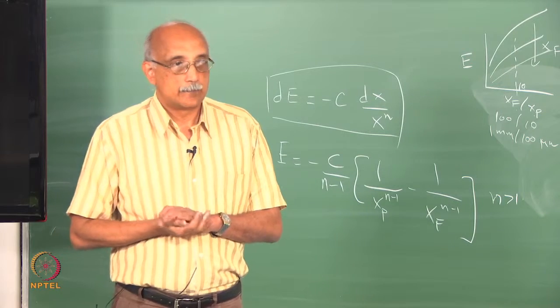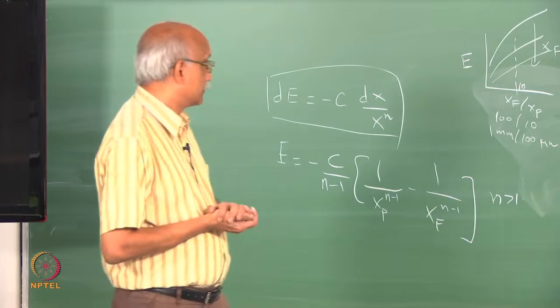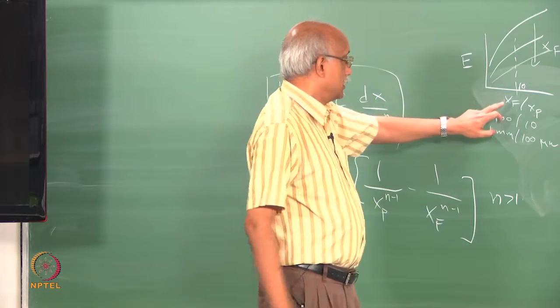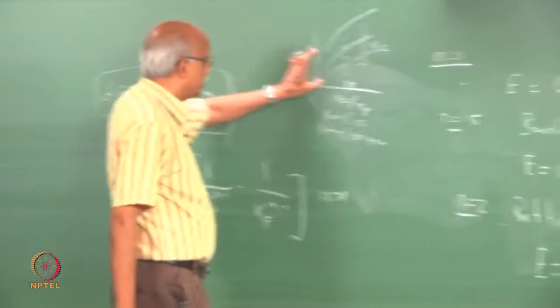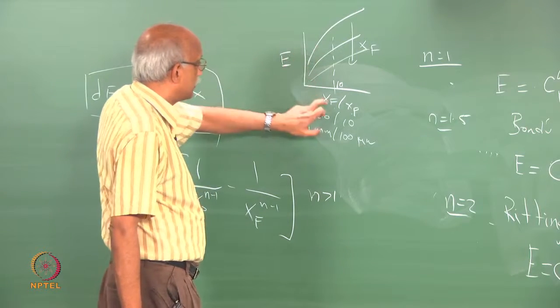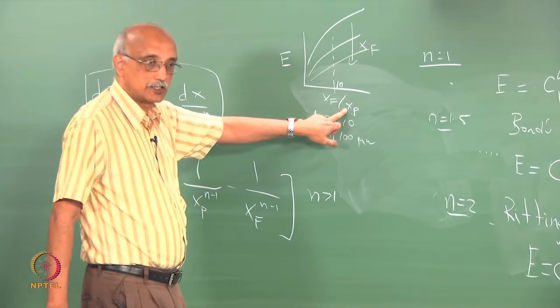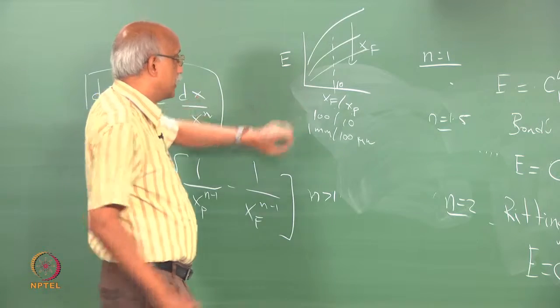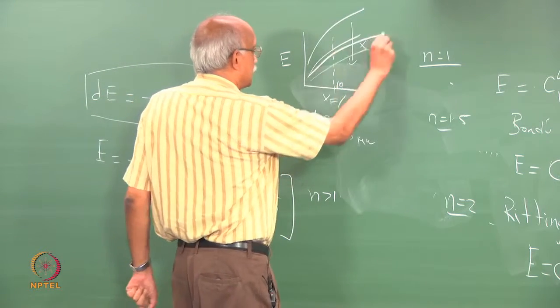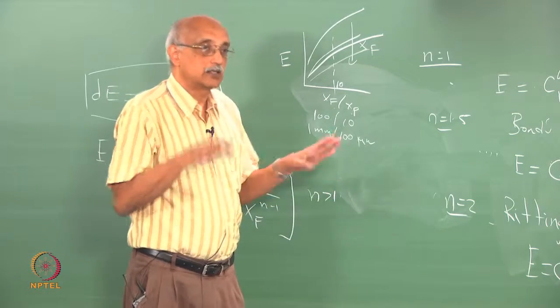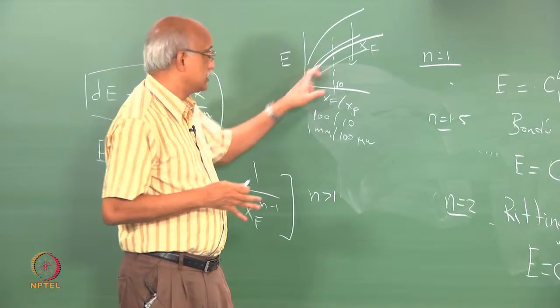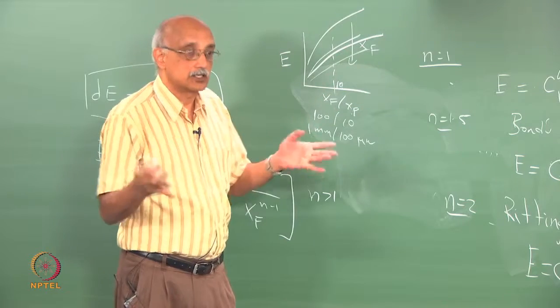Can you once again explain the graph with EA? See, the whole question is whether this is a unique line, or whether this line shifts up and down based on the actual values of XF and XP. If you make the argument that there is only one line and it does not matter what XF and XP are individually, that only the ratio matters, then obviously there will be only one line, but in reality that is not true.